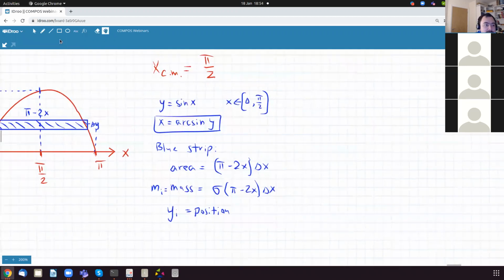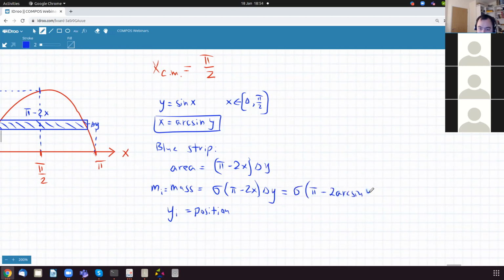Oh, sorry, delta y, of course. But also, because x is arc sine y, it's going to be sigma times pi minus 2 arc sine y delta y.